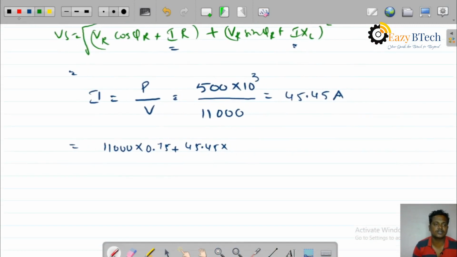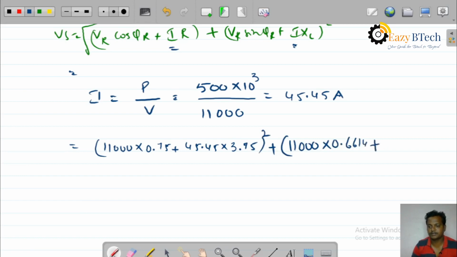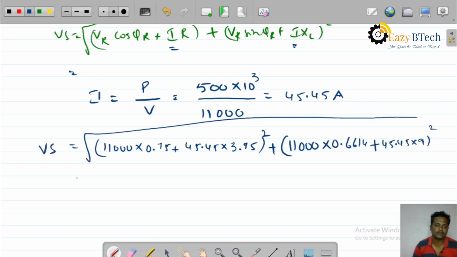The resistance is 3.75, whole square, plus VR sin phi r, which is 0.6614, plus for lagging, 45.45 into 9, whole square, under root. We get Vs. After calculating this, Vs equals 11,399.76 volts.